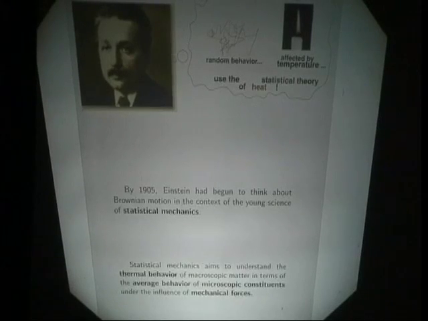So randomness and temperature means that we should look at the statistical theory of heat, which was being developed in the later part of the 19th century. For about 50 years, this had been a subject of very intense research. So in order to explain Einstein's theory of Brownian motion, I'll have to give you some background about the developing theory of statistical mechanics.